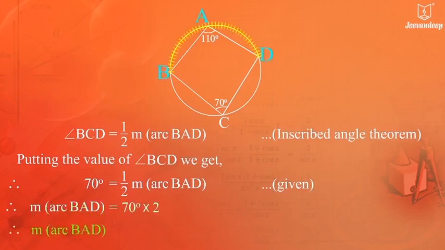Therefore, measure of arc BAD is equal to 140 degrees.